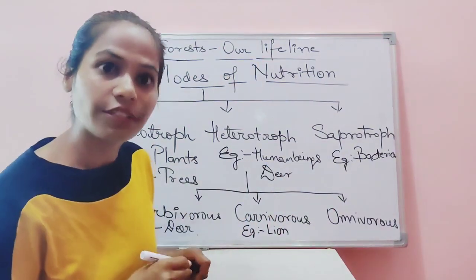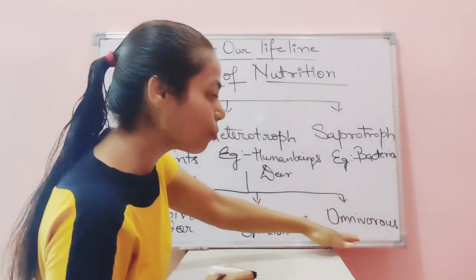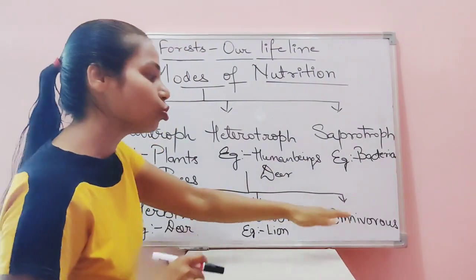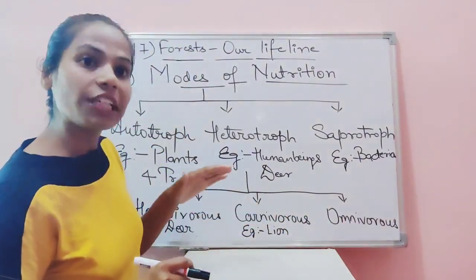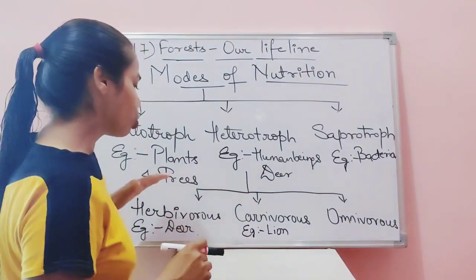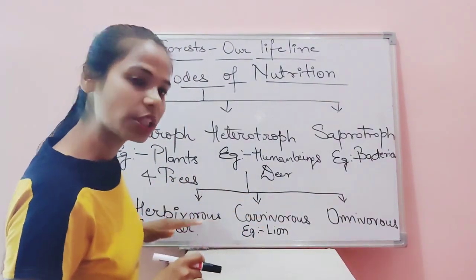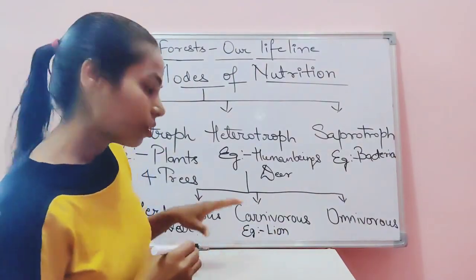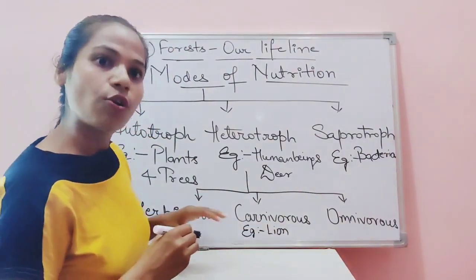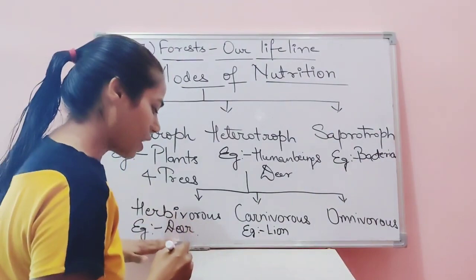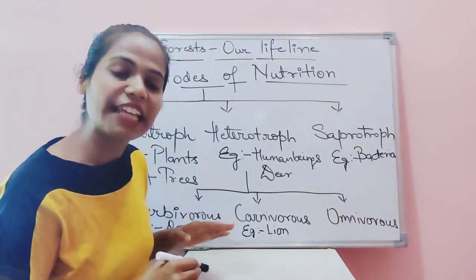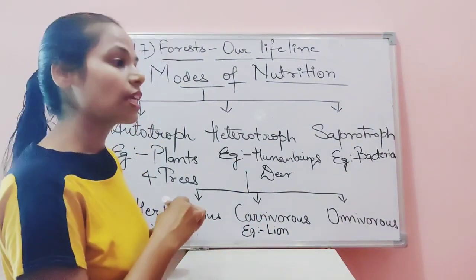Then we are having the third type, that is omnivorous. What do we understand by omnivorous, children? Those animals which are having the combination of both, that is herbivorous as well as carnivorous. Okay, means they eat plants as well as they hunt animals for their intake of nutrients.